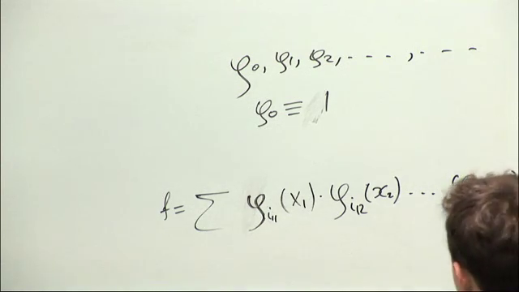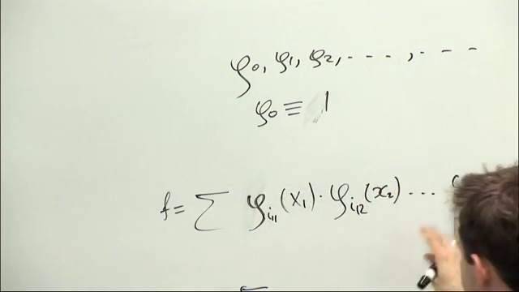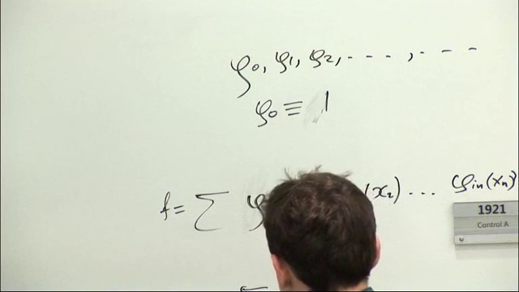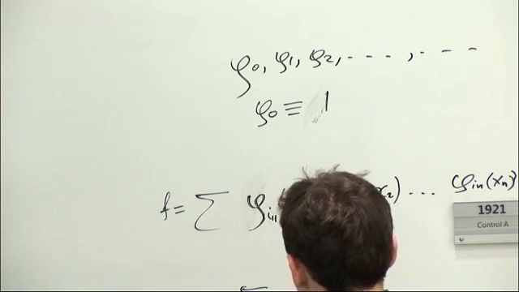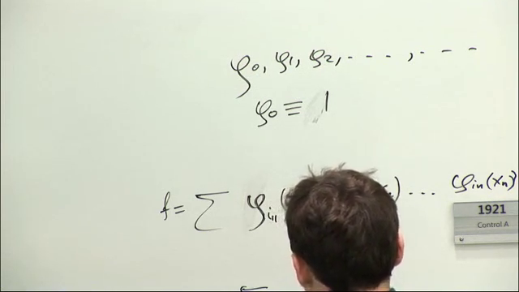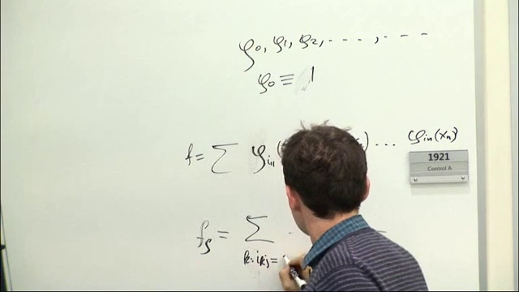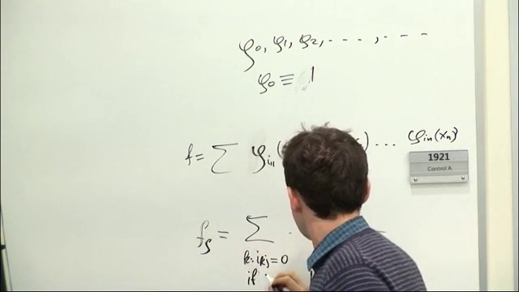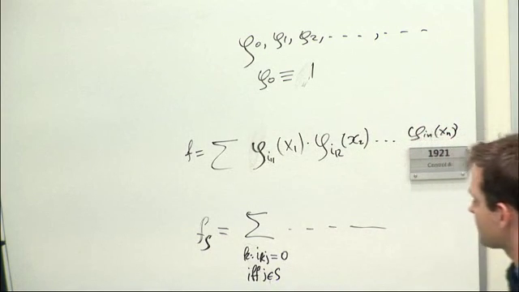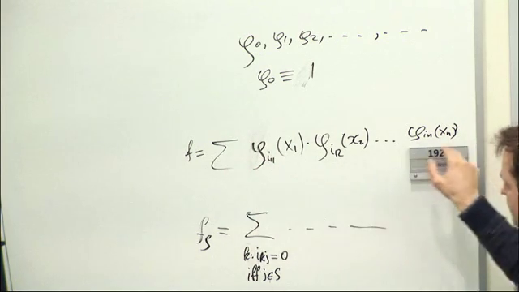And now what we can do, we can define fs as the sum of those terms where the index i_kj is equal to 0 if j is not in S. So in other words, let me say that in other terms, we have this infinite number of terms here, right?